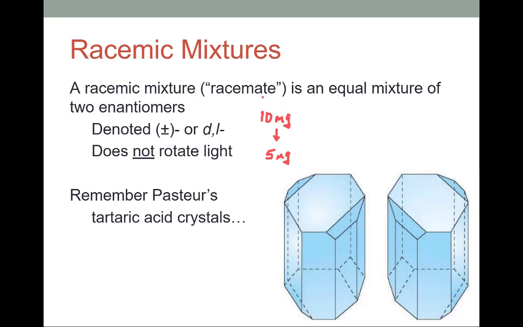I'm not slamming Zyrtec; this was just state of the art when it was made. Now there's another chemical on the market called Xyzal, and you take a 5 milligram version. With Zyrtec you're taking 10 milligrams of the mixed racemate, 5 milligrams of it active. With Xyzal, you only take 5 milligrams because it is only the active ingredient, only the one stereoisomer.